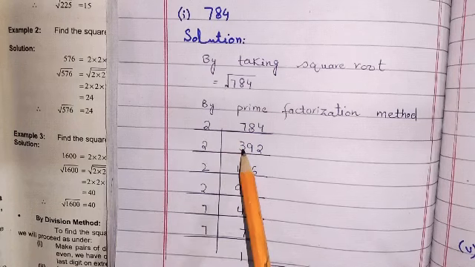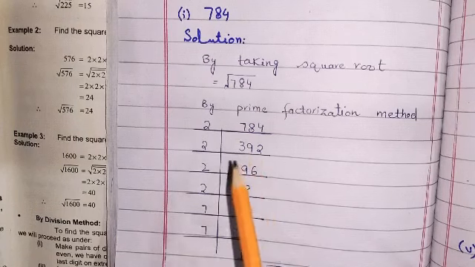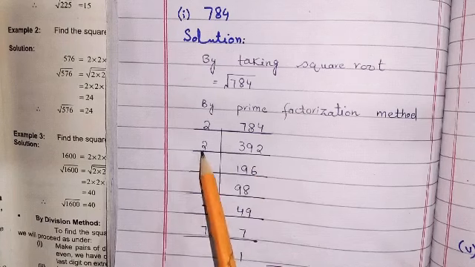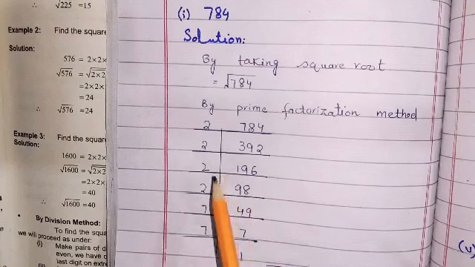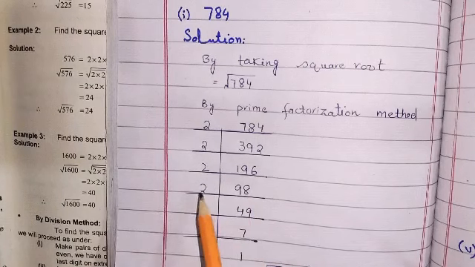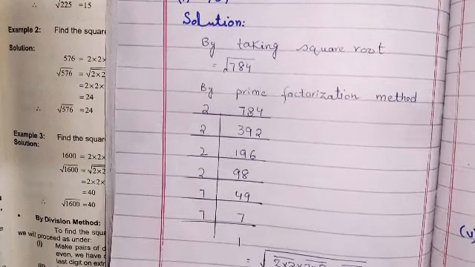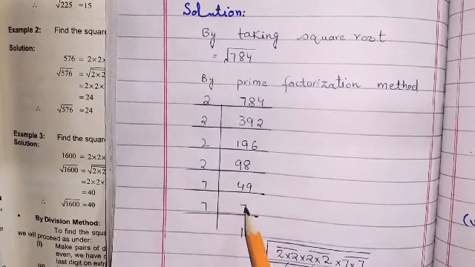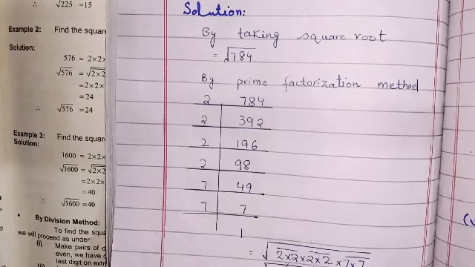By dividing, we get 392, and when we divide 392 by 2, we get 196, and 196 is divisible by 2, we get 98. When we divide 98 by 2, we get 49, and 49 is only divisible by 7, so 7 7s are 49 and 7 1s are 7.